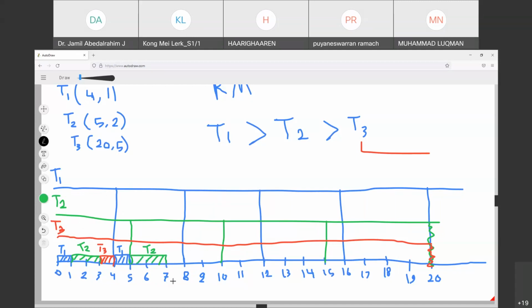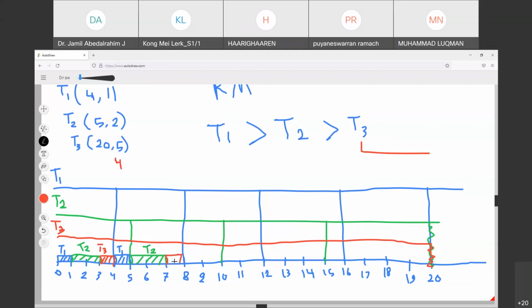What about 7? From 7, what can we execute now? Task 3, exactly, the rest of task 3. We executed only 1 unit of task 3, so the rest is 4. So we execute from 7 until 8. We cannot execute all 4 units, only until 8.